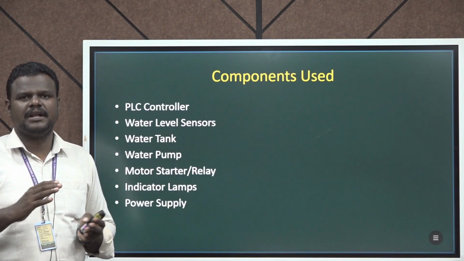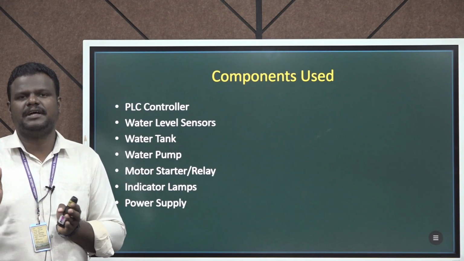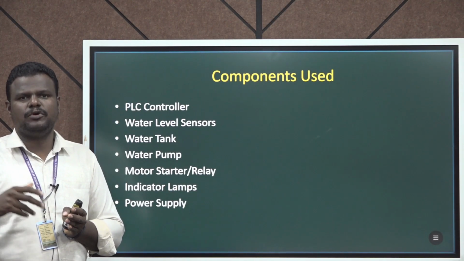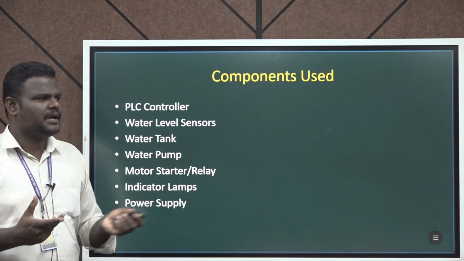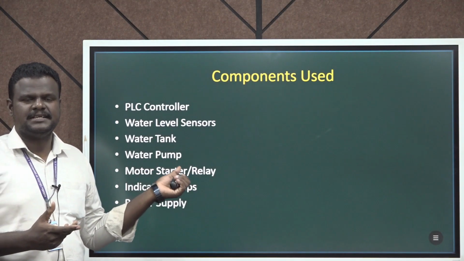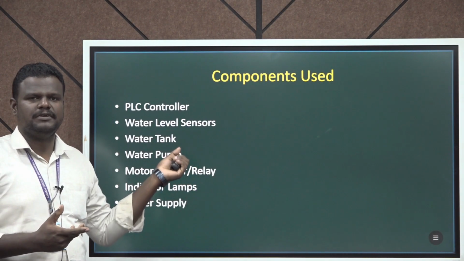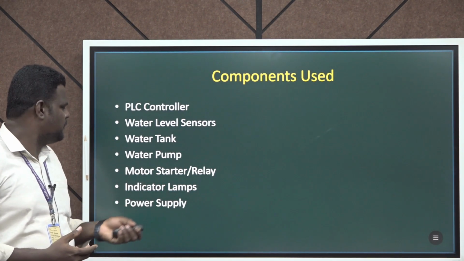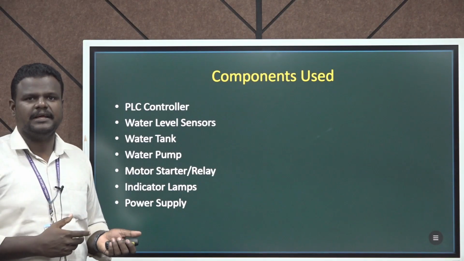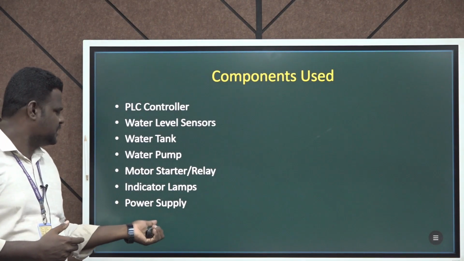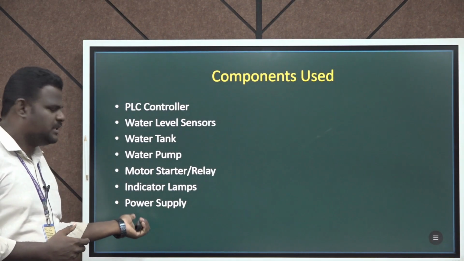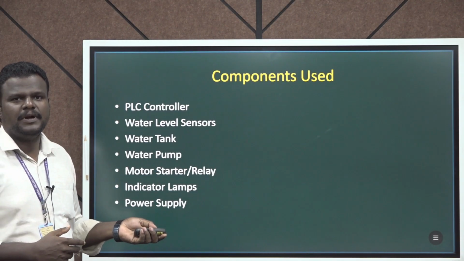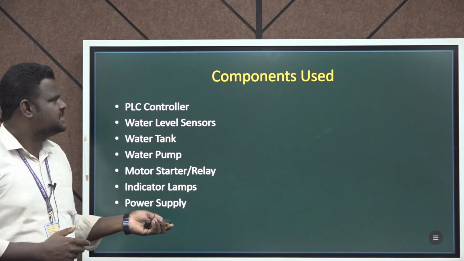We cannot measure continuous water level with discrete sensors; with analog sensors we could, but here we use discrete sensors and discrete water level management only. The third is the water tank, the fourth is the water pump, the fifth is the motor starter and relay, then indicator lamps to indicate the level, and the power supply. These are all the components used in automatic water level control using PLC.